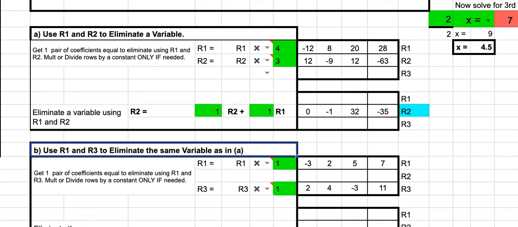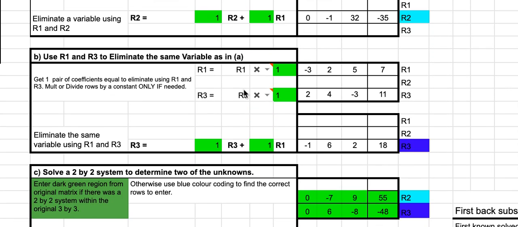Now we need to use row 1 and row 3 together to eliminate x. How do we do this? We're eliminating x. This is negative 3 and this is 2. So I'll multiply this by 2 and this by 3.